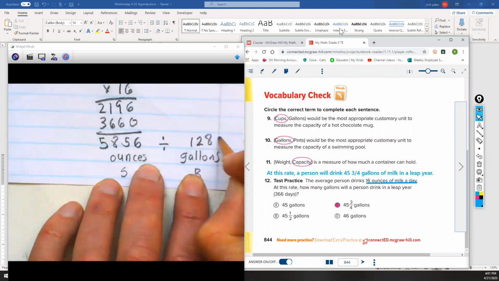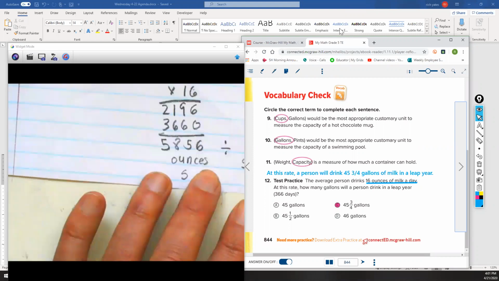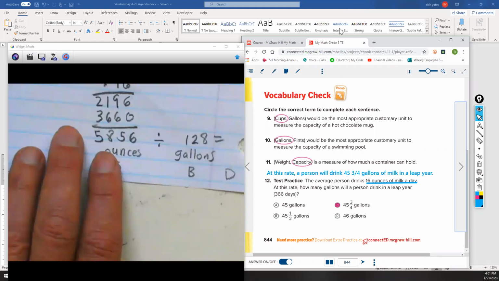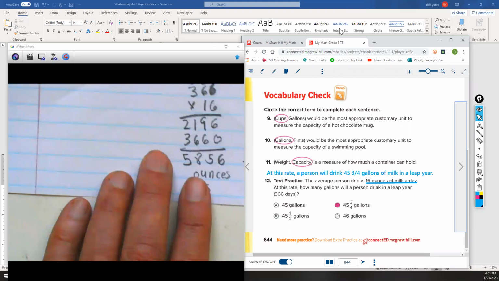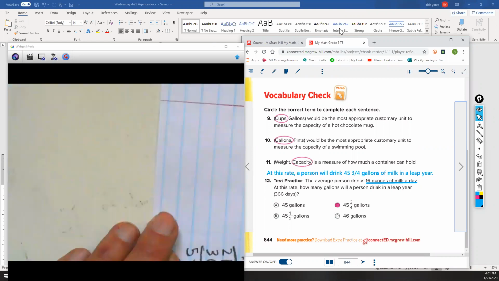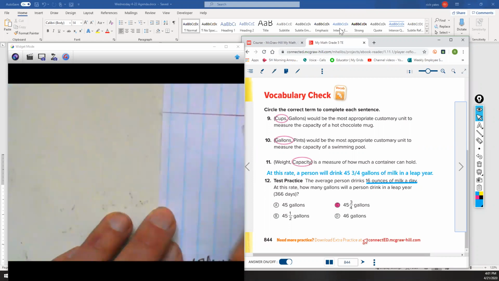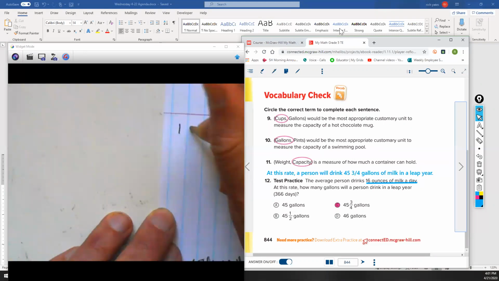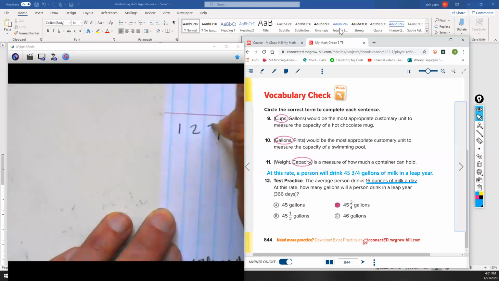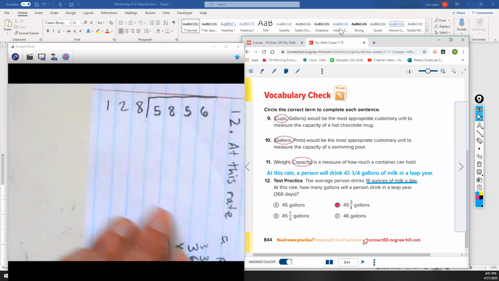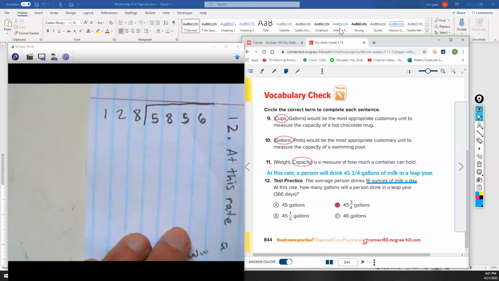So what I'll be doing is I'm going to go ahead and divide that out. And I think I have enough room on my paper here to make sure I do some nice sideways dividing. I'm going to take 5,856 ounces and divide it by 128. And I already am pretty sure that I'm going to get this one right because I've already got the answer.